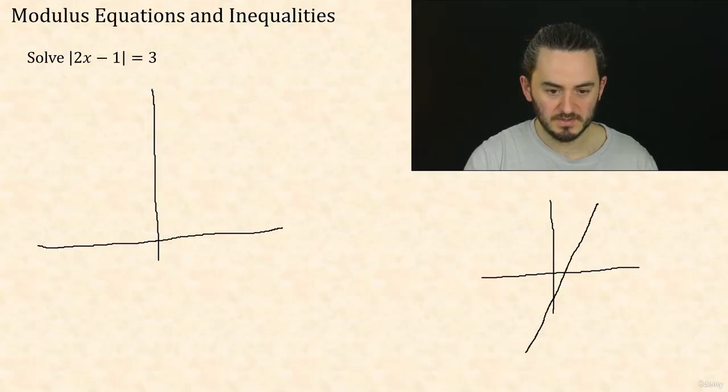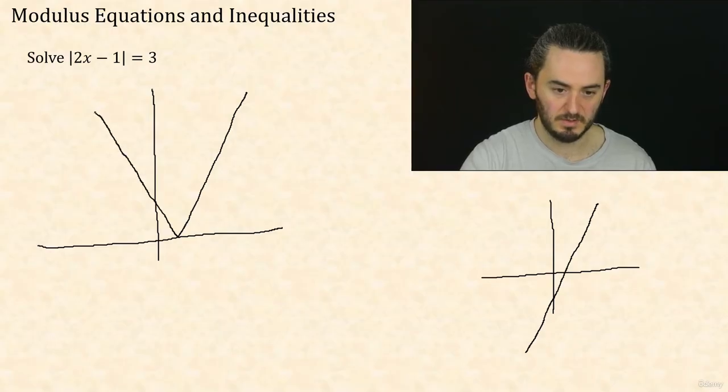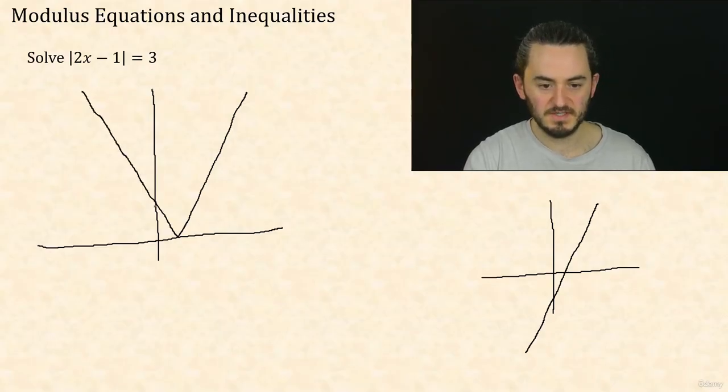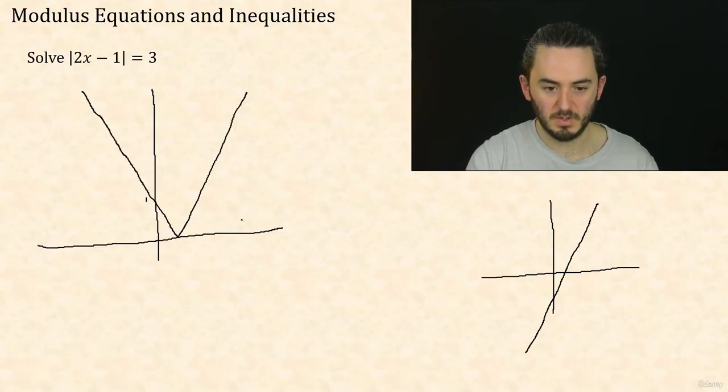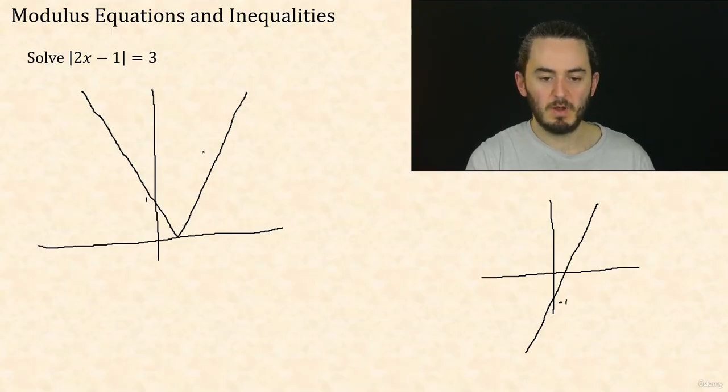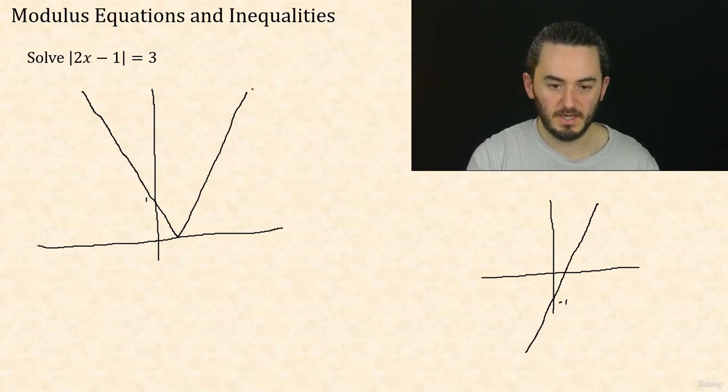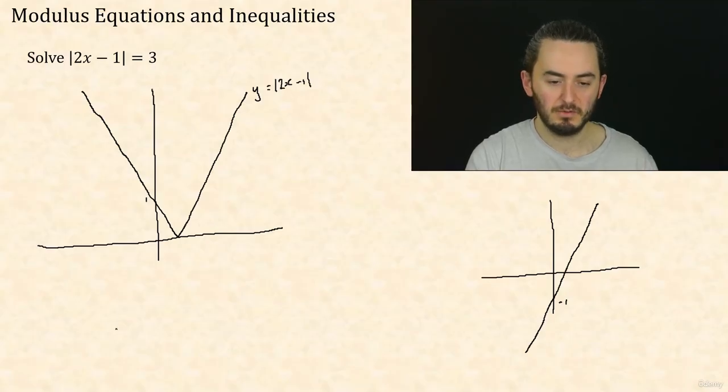So here is my modulus graph. There's the positive bit, and here's the negative bit that's been reflected up like this. It's got a y-intercept now of 1 rather than minus 1. This graph is y equals mod 2x minus 1, and I want to know when that's equal to 3.